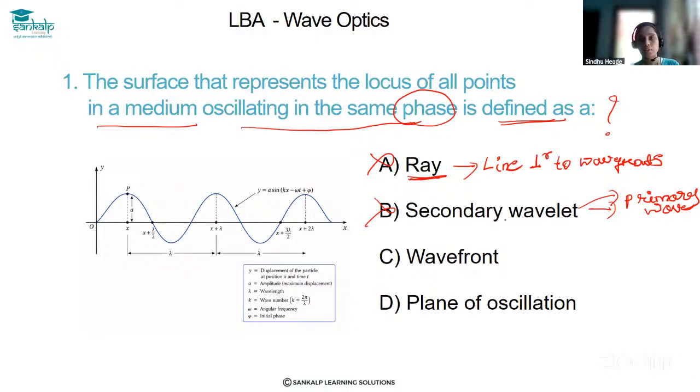In a secondary wavelet, it is originating from a primary wavelet, and here all the points in a medium oscillate, not in the same phase. So option B is also wrong. Option D tells about plane of oscillation. This is also wrong. Why?